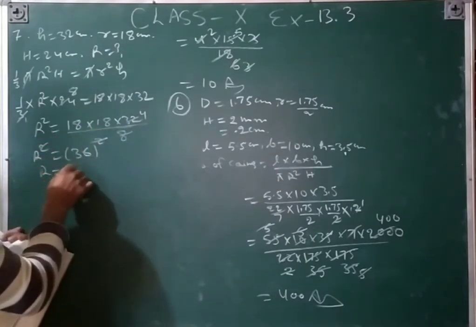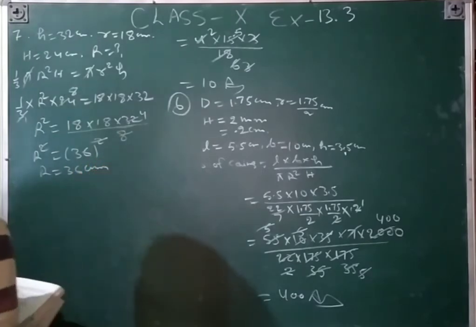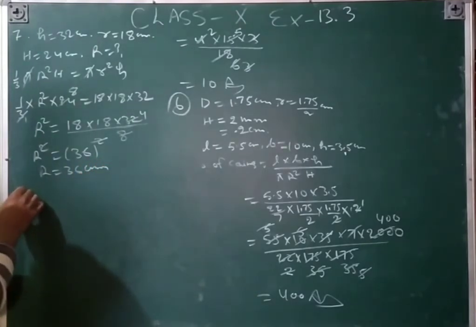So r is equal to 36 centimeter. And then slant height also we need to find.